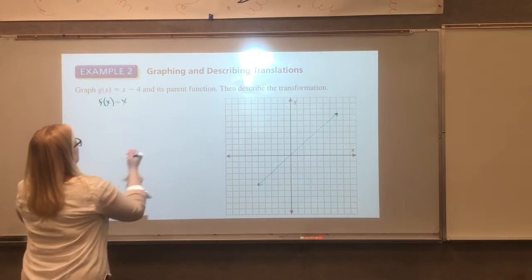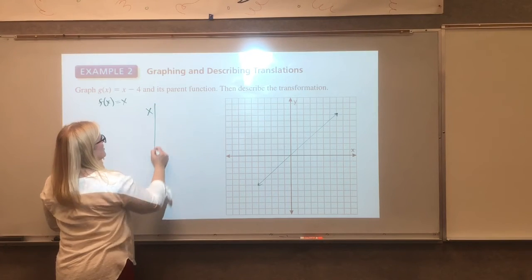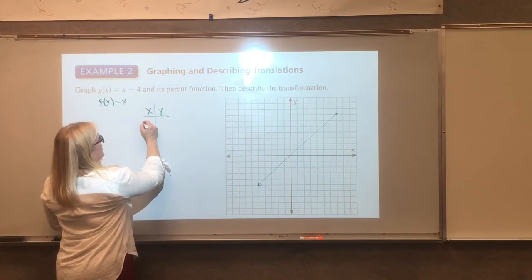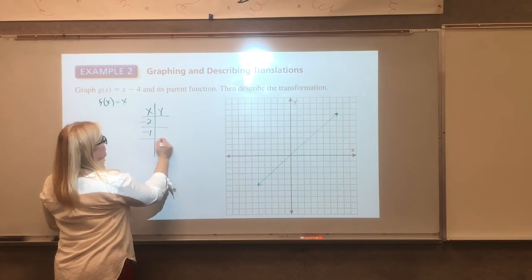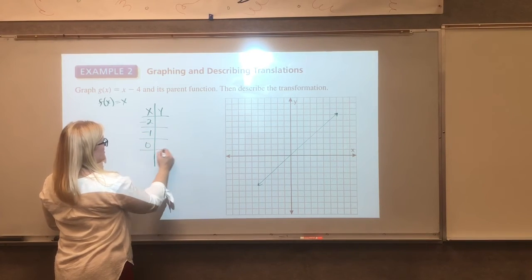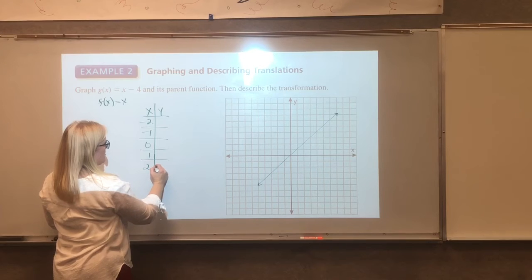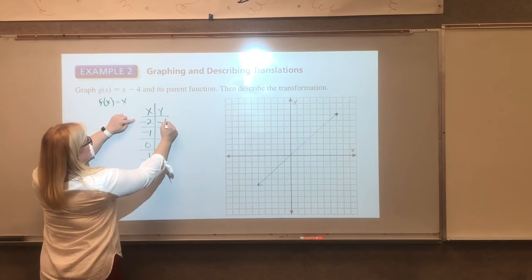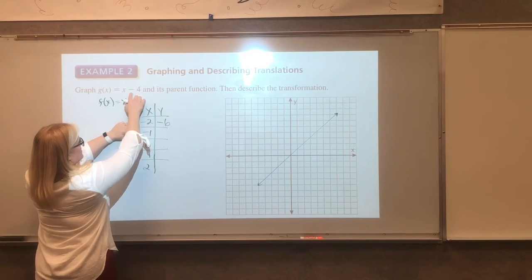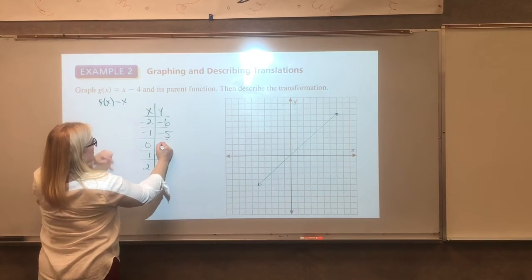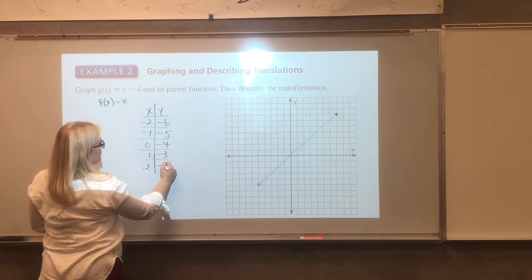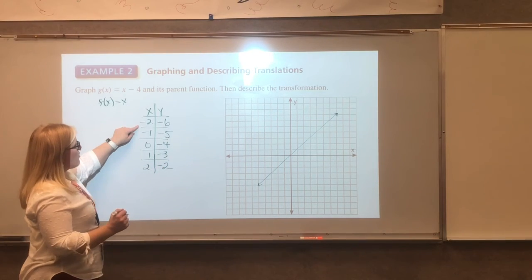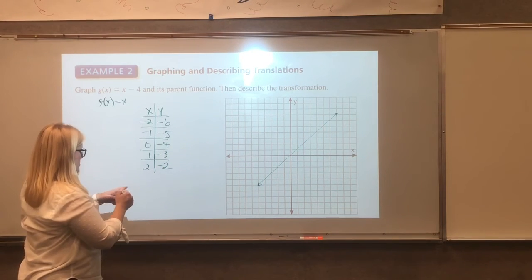All right, now this other one, x - 4, let's see what happens to that. If I make myself a little table here, if I do -2, -1, 0, 1, and 2. If I plug in -2, I get -6. -1 minus 4 is -5. -4, -3, it's a pattern, of course, it's linear. And I'm going to do this in orange.